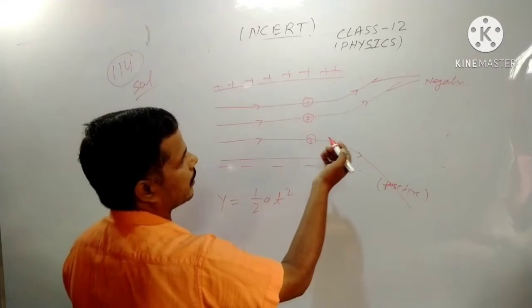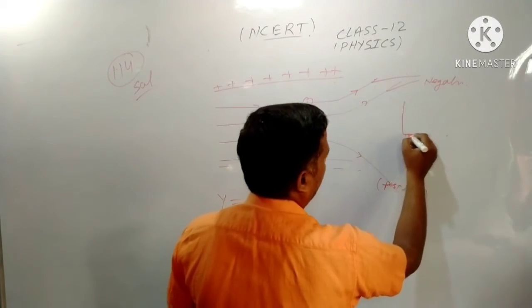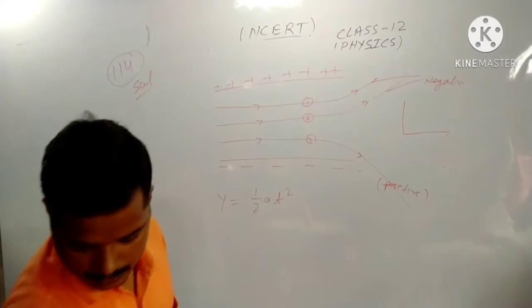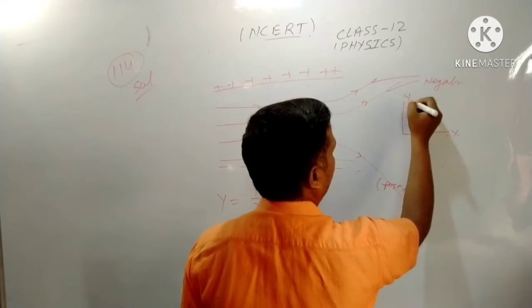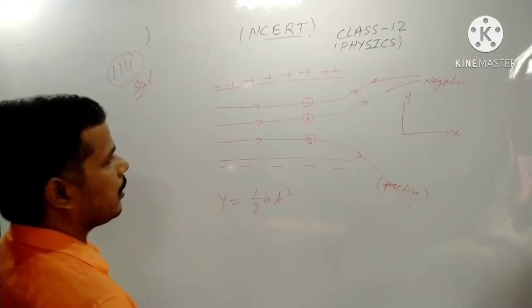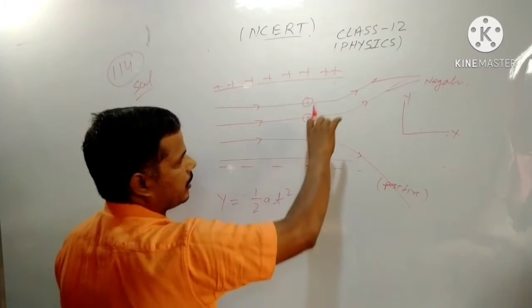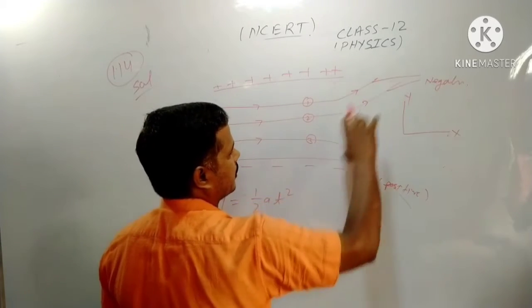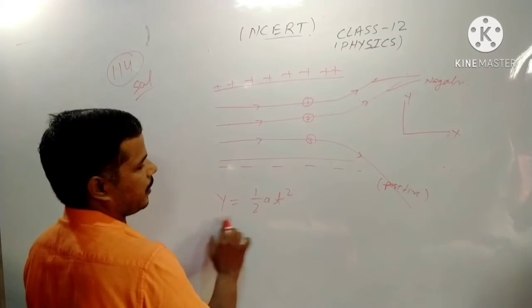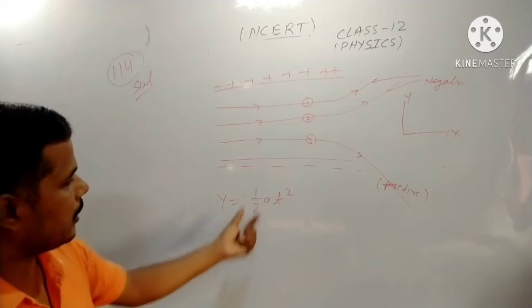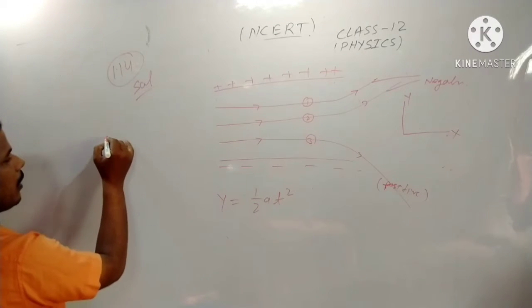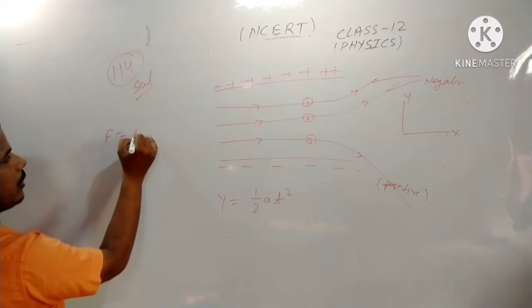Here, if we draw axes, this one is the x axis and this one is the y axis. This distance which is traveled more is known as y. Y is equal to half a t square, and we know that F is equal to ma.